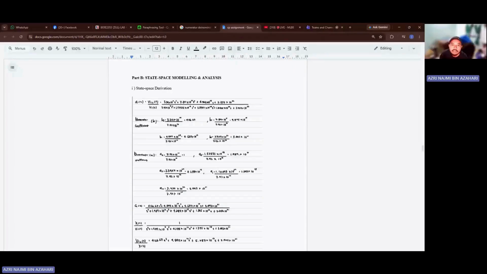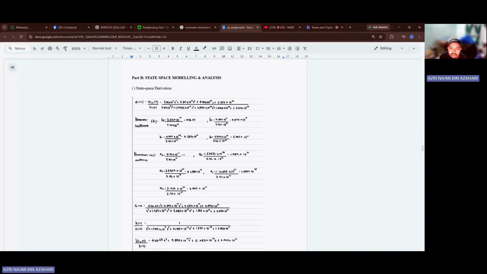I will present part B, state space modeling analysis. First, state space derivation. We begin the state space derivation by using the transfer function G(s) equal to Vc2 over Vi. The numerator and denominator coefficients are first normalized by dividing them by the leading denominator coefficient, which is 7.92 times 10 to the power of 10, to obtain a standard transfer function with a unity leading coefficient.